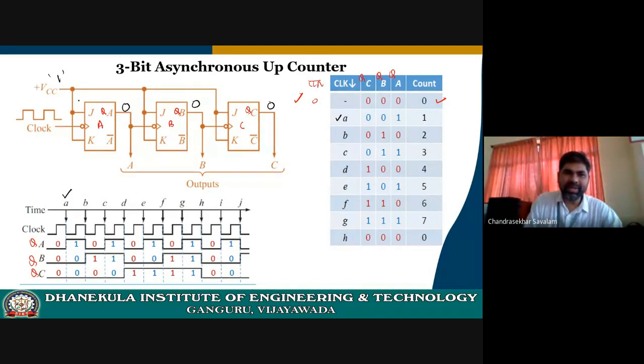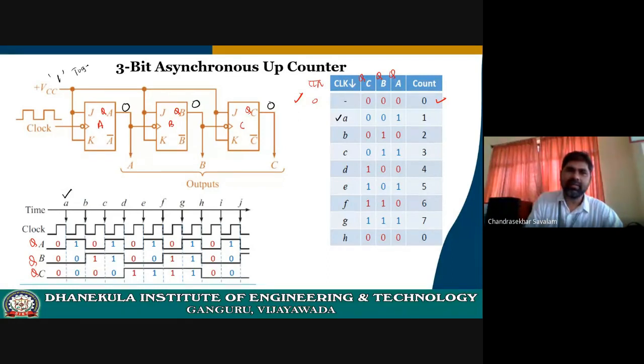See, what is the input here, students? It is always 1, 1 because all the inputs are shorted and connected to 1. That means permanently all the inputs are 1 only. Out of 4 combinations, we are using only the toggling operation here.